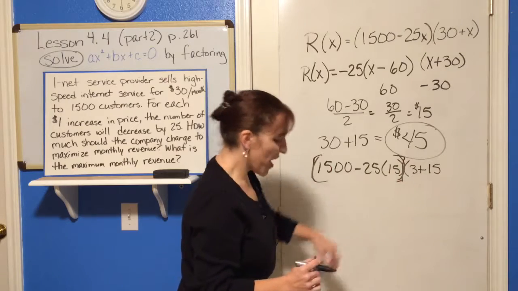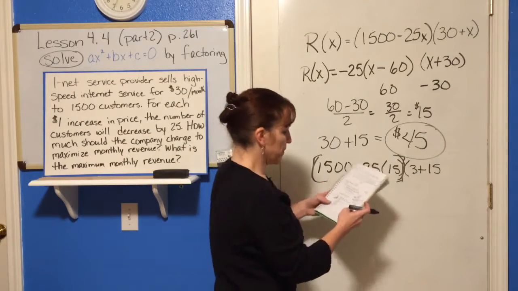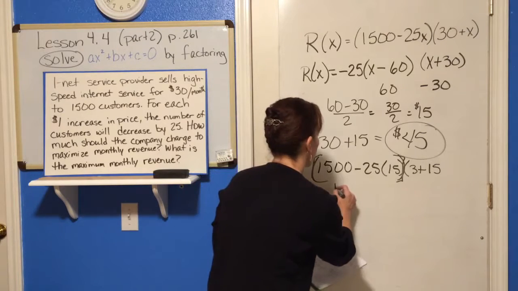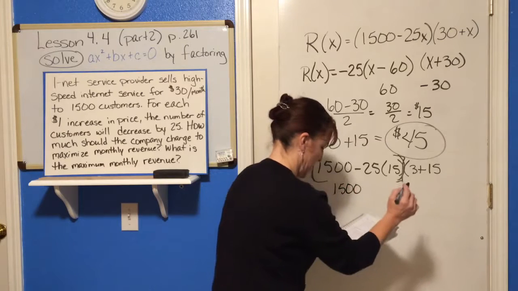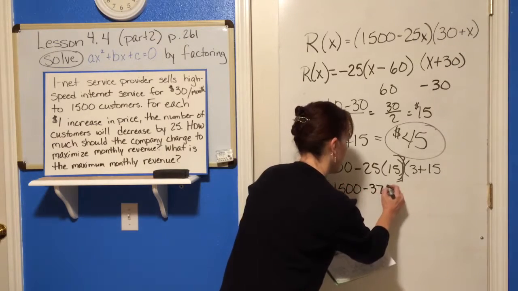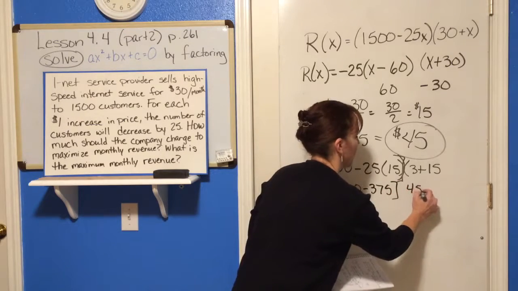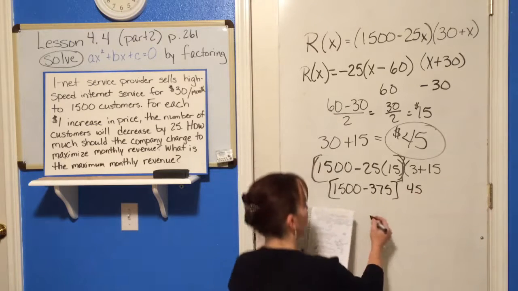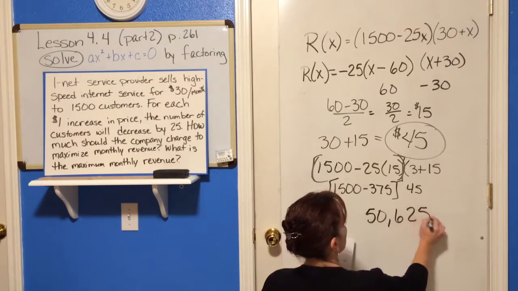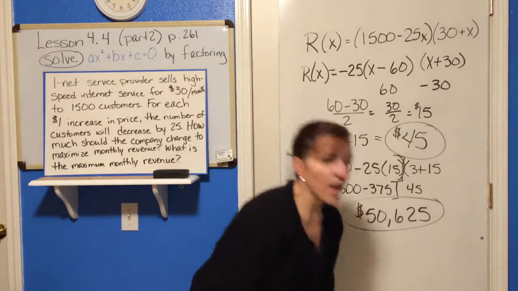When we take 25 times 15, that's 375. So 1,500 minus 375, times our 45. That should end up being $50,625, which is what they're going to make every month.